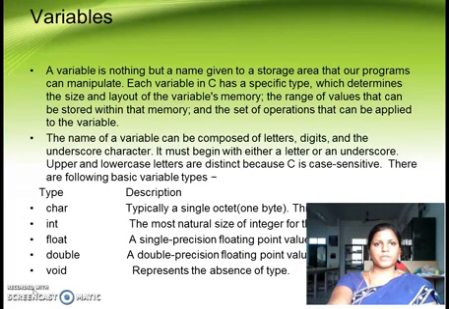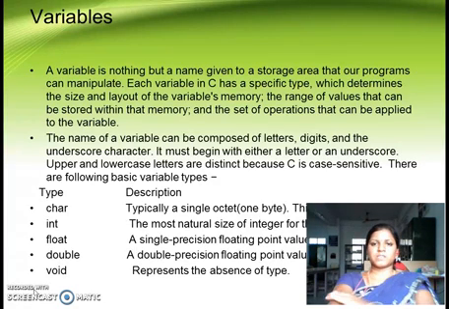Next we will see variables. A variable is a container, a storage area that our programs can manipulate. According to our needs we can use variables. Each variable in C has a specific type, which determines the size and layout of the variable's memory, the range of values that can be stored within that memory, and the set of operations that can be applied to that variable.